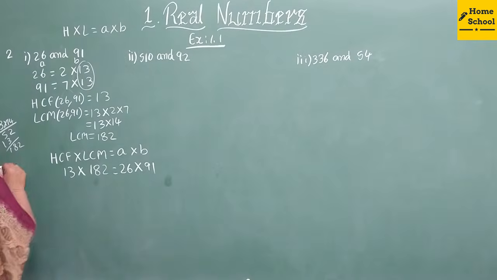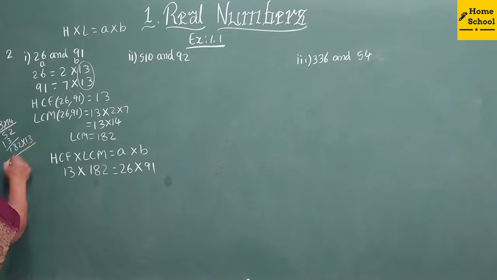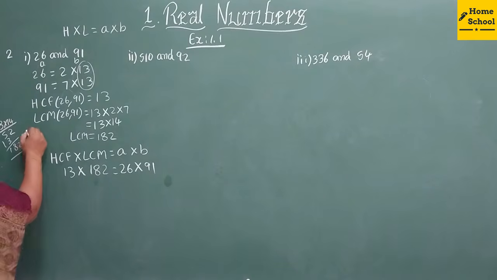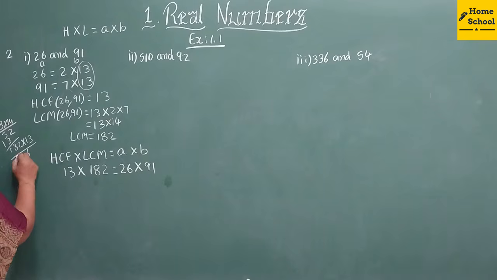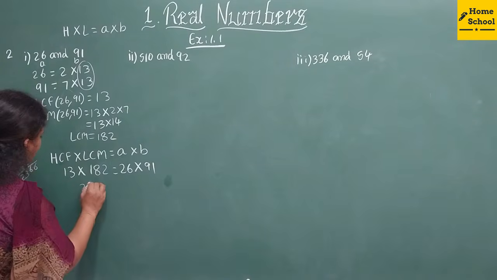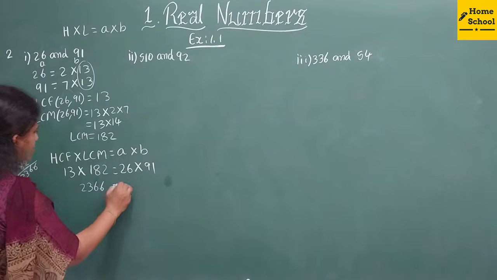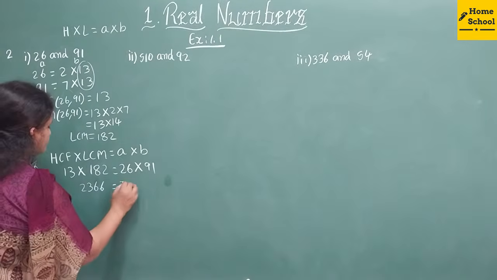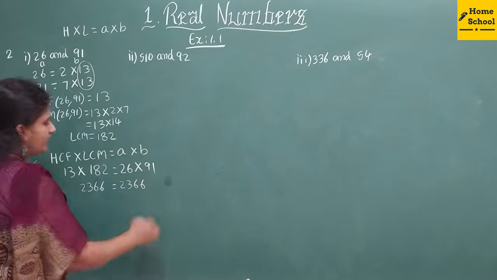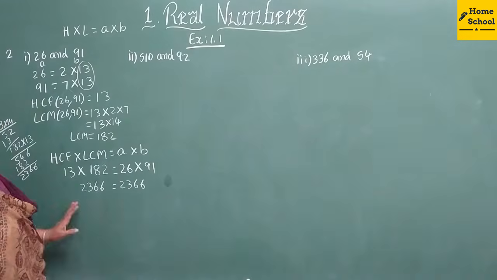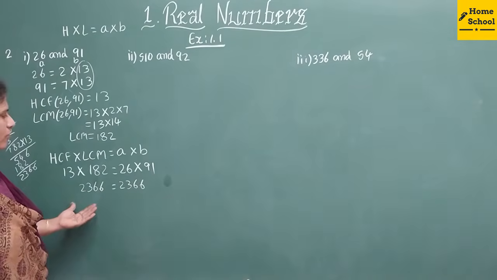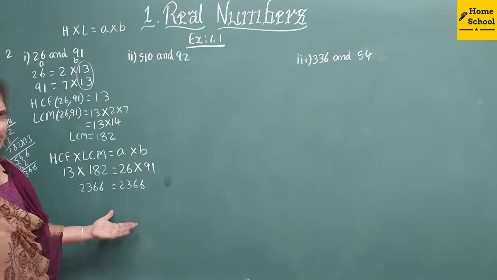Multiply this. 182 into 13: 3 2s are 6, 8 3s are 24, 3 5, and again 182, 6 6 2 3 6 6. And if you multiply this also you are going to get 2366. Right? Hence it is verified. Both we are going to get the same answer.